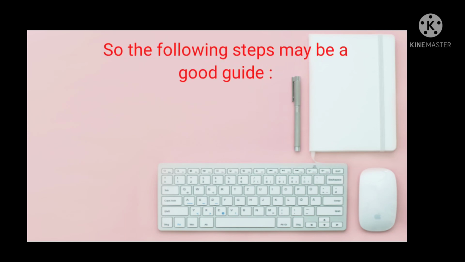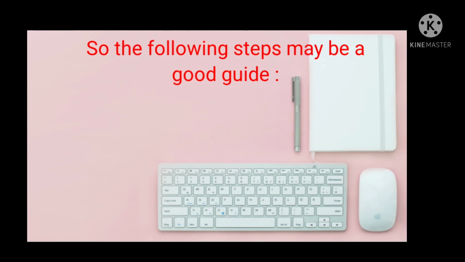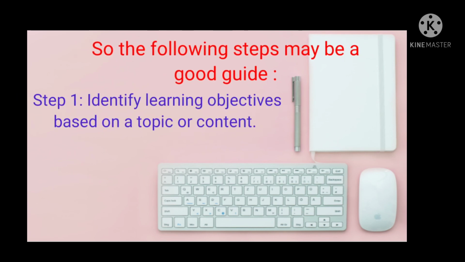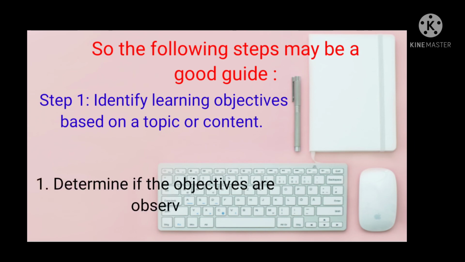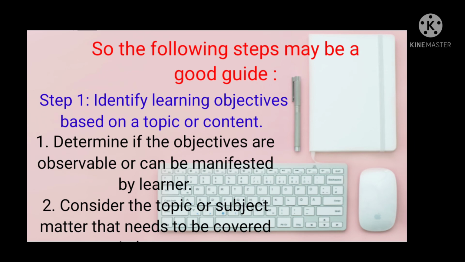So the following steps may be a good guide. Step 1. Identify learning objectives based on the topic or content. 1. Determine if the objectives are observable or can be manifested by the learner. 2. Consider the topic or subject matter that needs to be covered in the lesson.